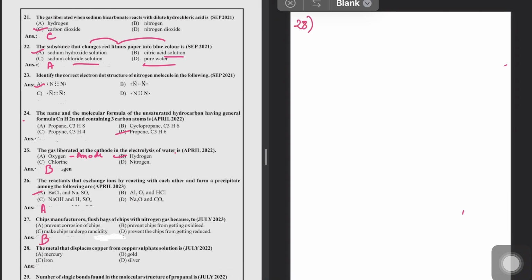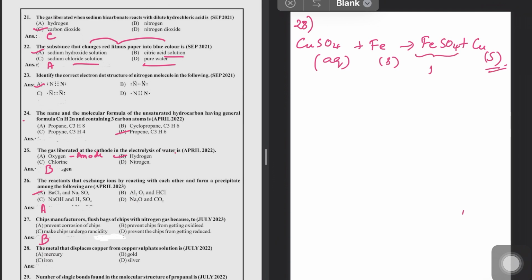So, 28th question. When iron reacts with copper sulfate solution, iron is in solid form. This is in an aqueous solution. Ferrous sulfate is formed, plus copper is displaced in the form of a solid.